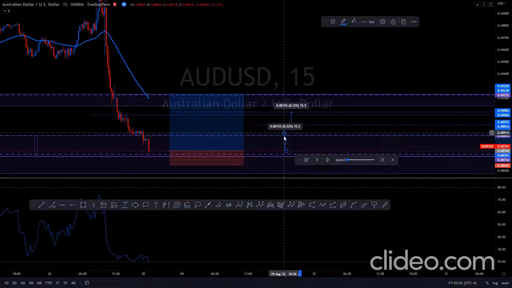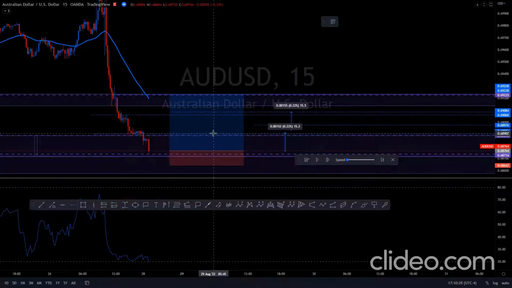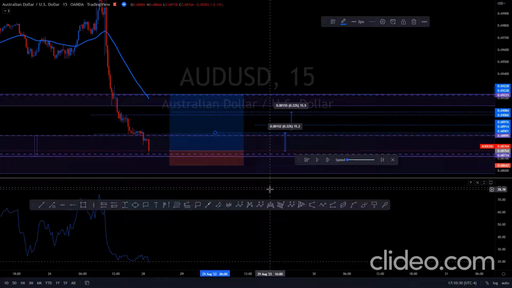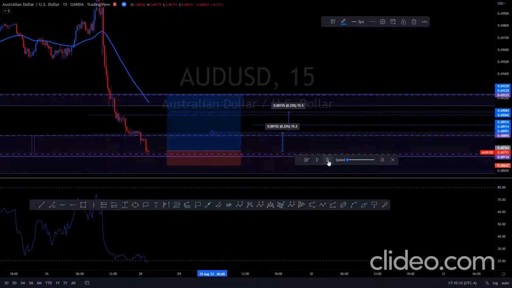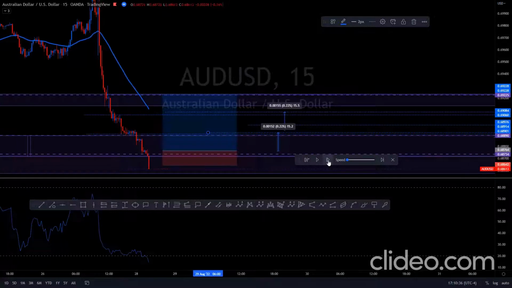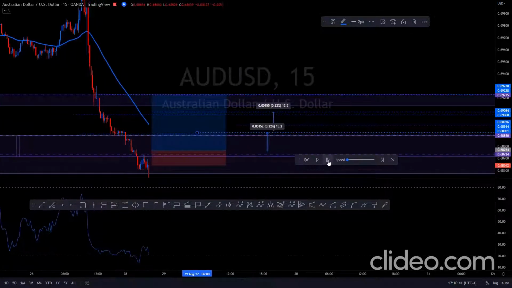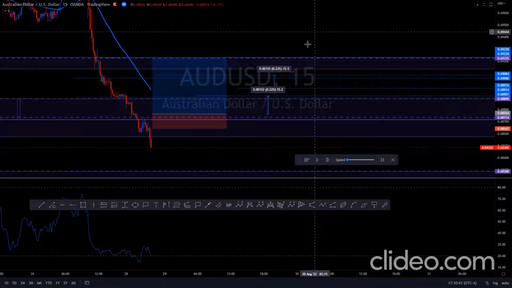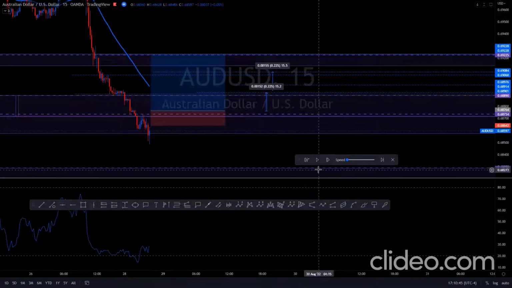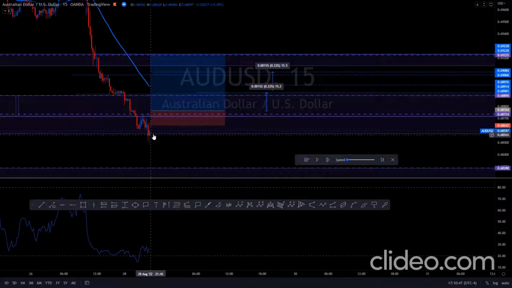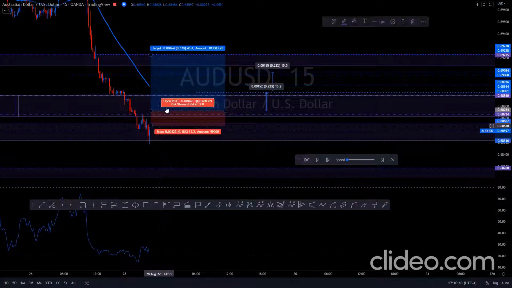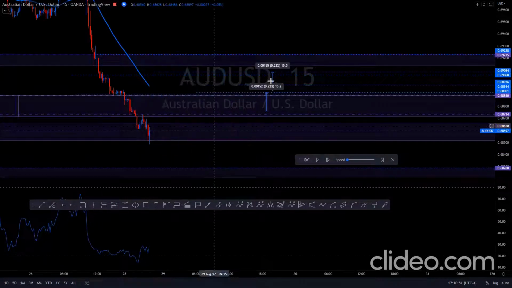Talking about 15 pips up to this point. Okay, so it created this swing low down to this point. Okay, so I was close, but let's just say from down here. So let's redo this.